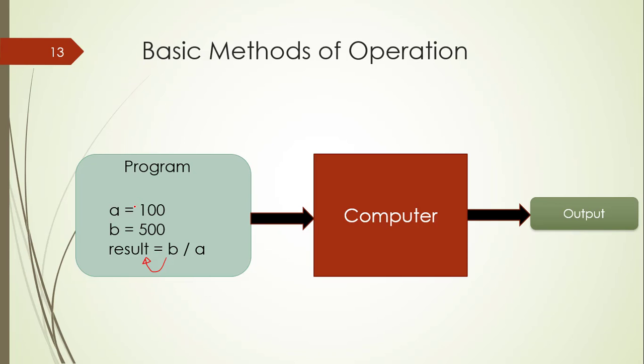Logic is an operation and state is essentially a set of variables that maintain their value over a long period of time. The computer takes the program in as an input, which is the program that you write, and then finally it produces an output.